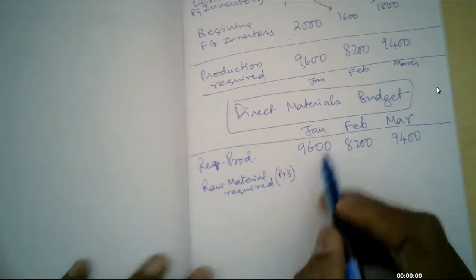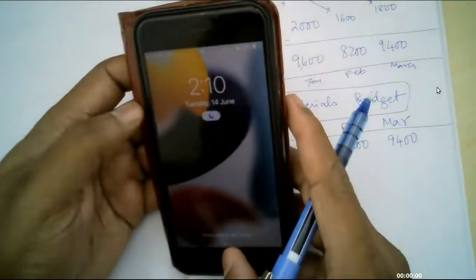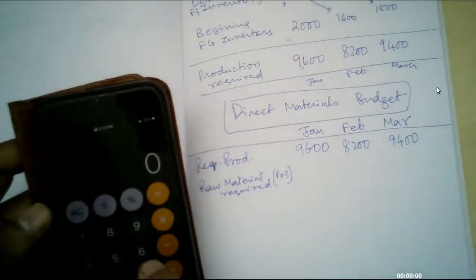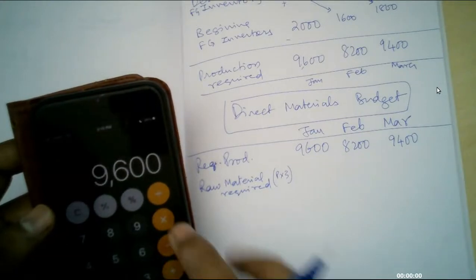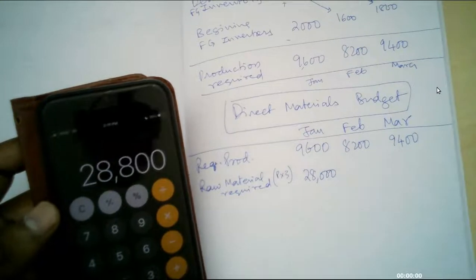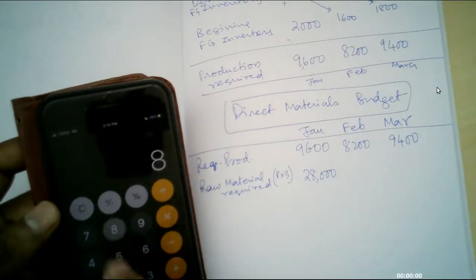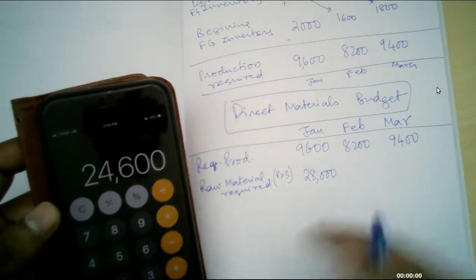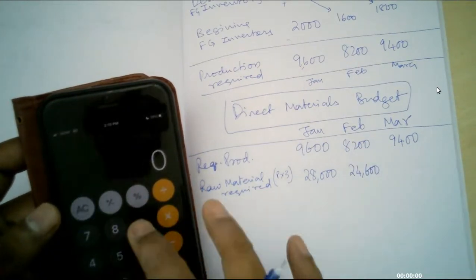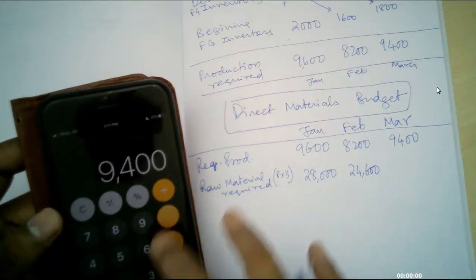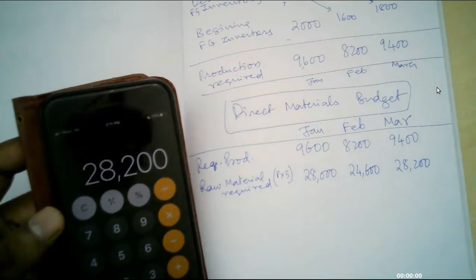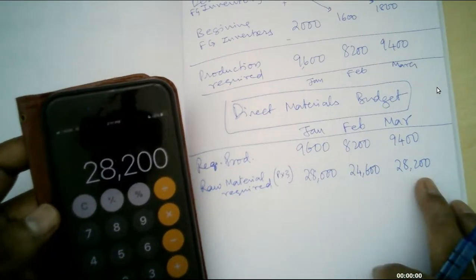So 9,600 times 3 is 28,800. Next one, 8,200 times 3 is 24,600. Then 9,400 times 3 is 28,200.